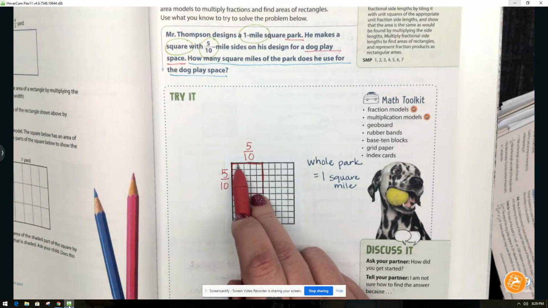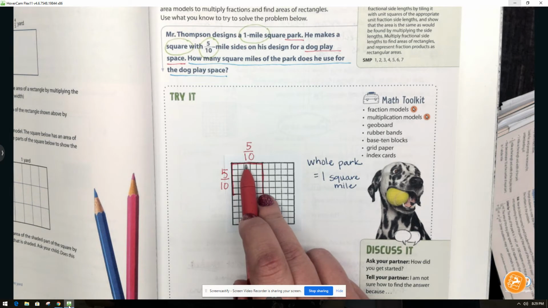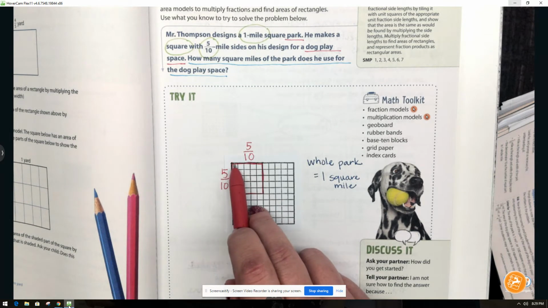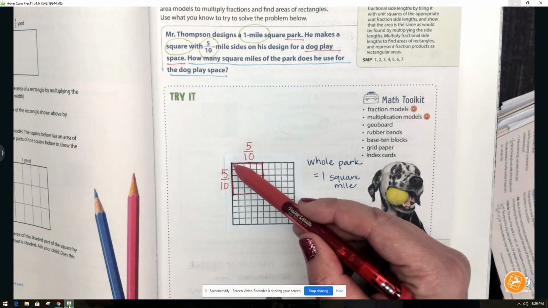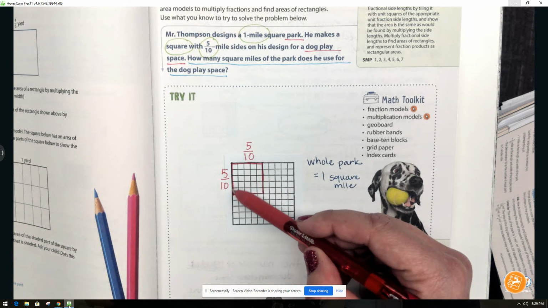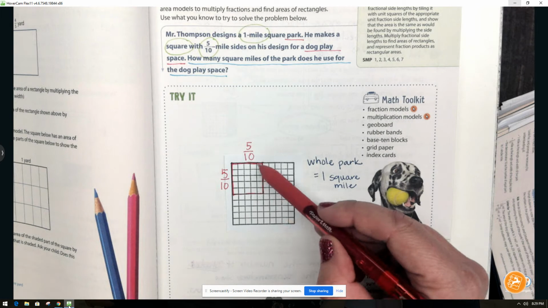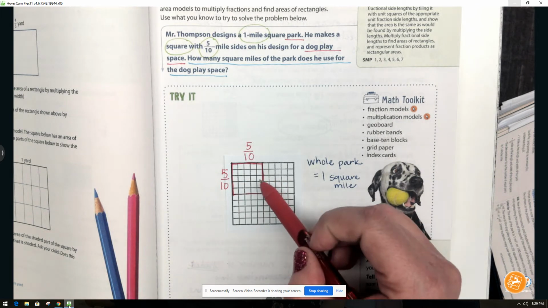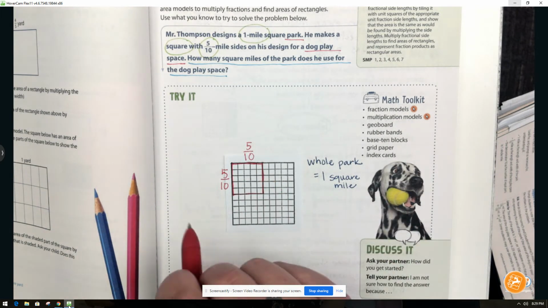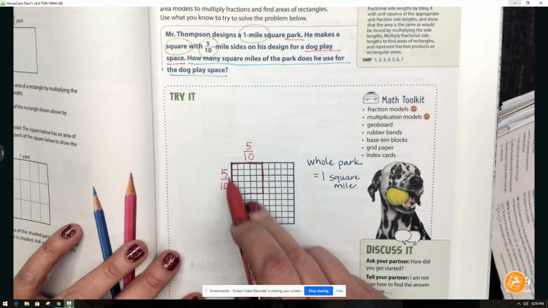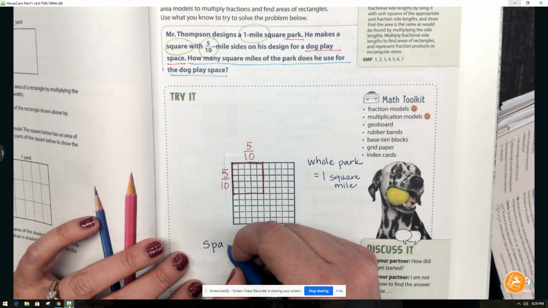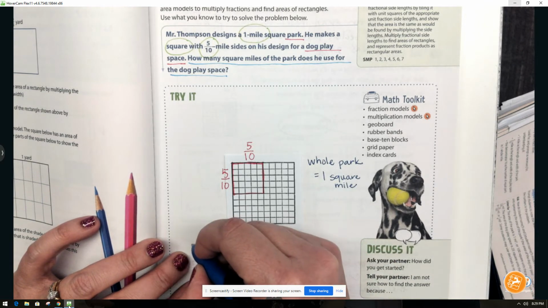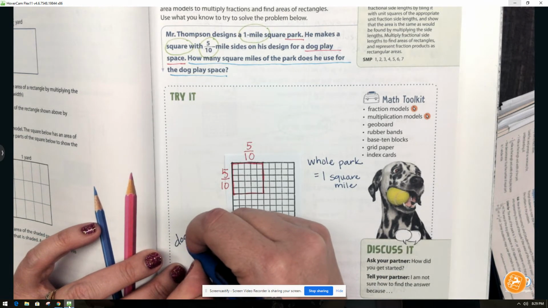Because each column represents a tenth, and we know that one side is 5/10 of a mile, and the other side is 5/10 of a mile. And then we drew our square. So now we know that we have this space, I'm going to call it the dog play space because that's what it is.